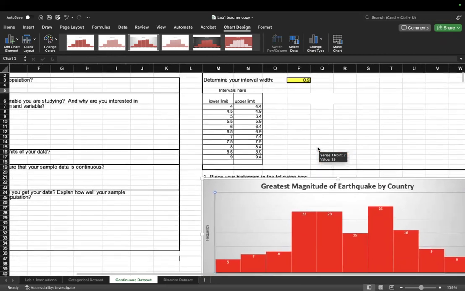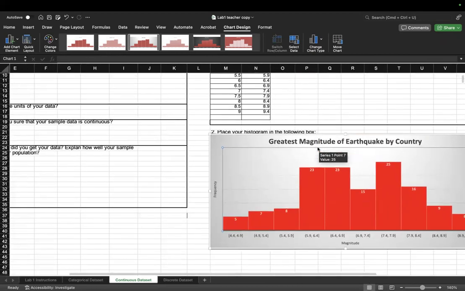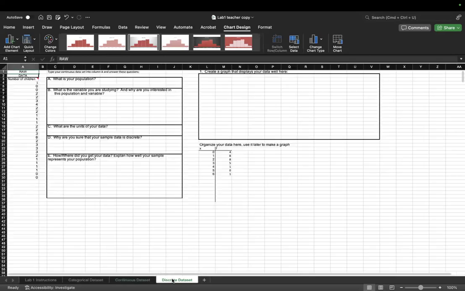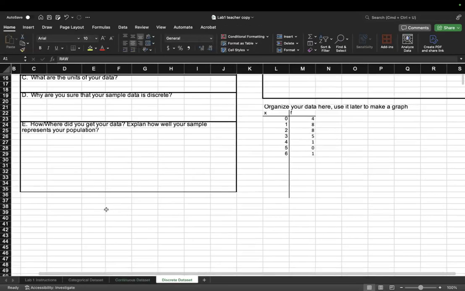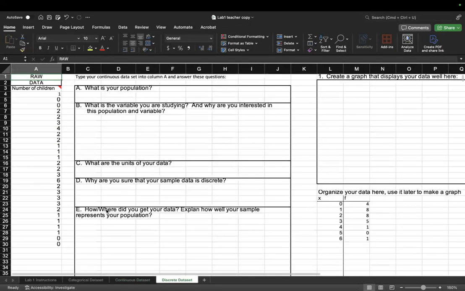Questions, other questions on the continuous before we move on? The discrete will take all of 3 minutes. Okay. Discrete data. My discrete data is imaginary friends on Facebook again, how many children they have.